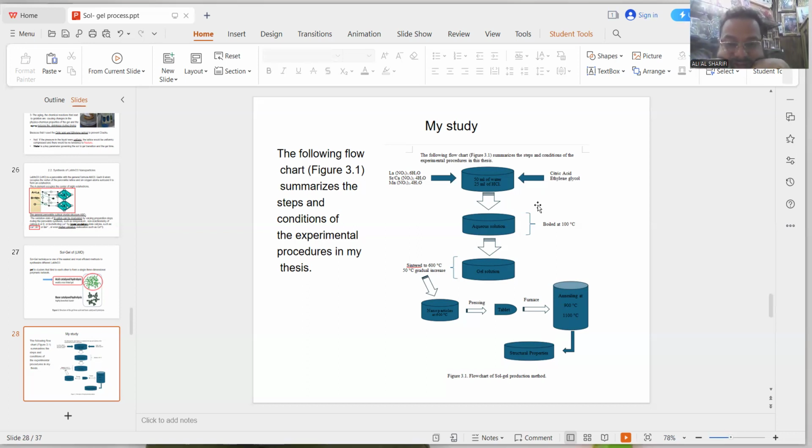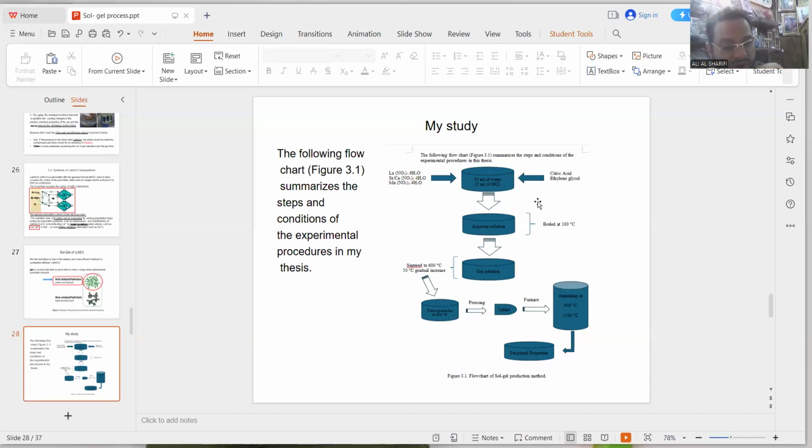Then I kept increasing the temperature to reach 600 Celsius to be sure all the organic agents disappear, producing nanoparticles at 600 Celsius.